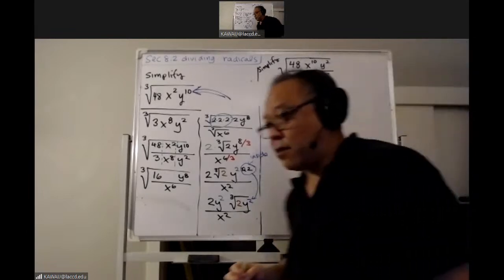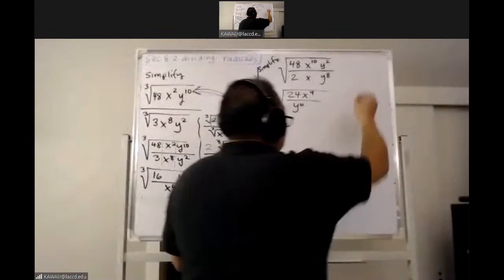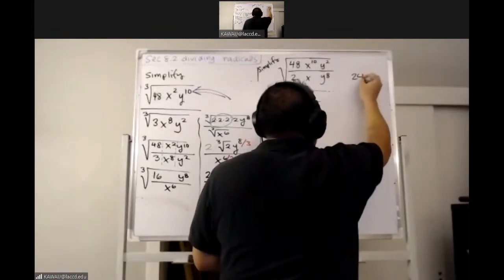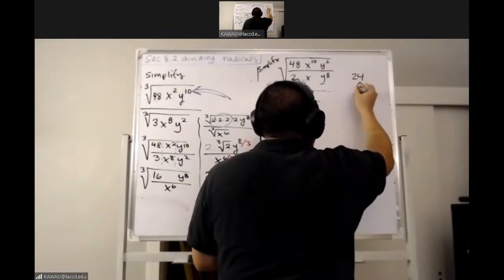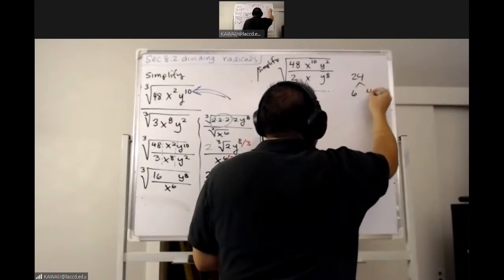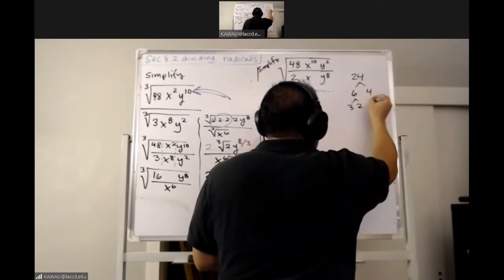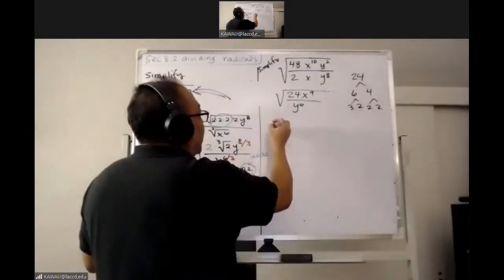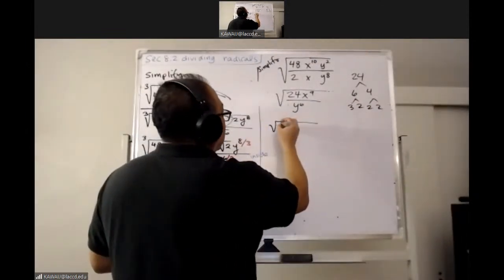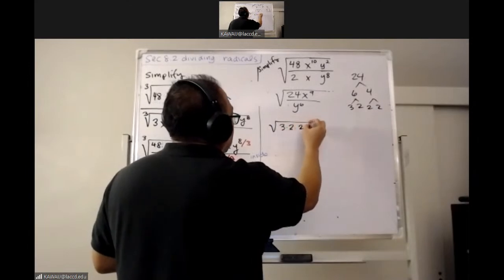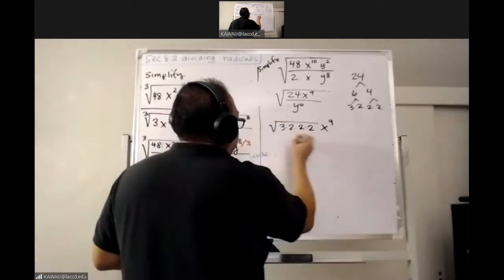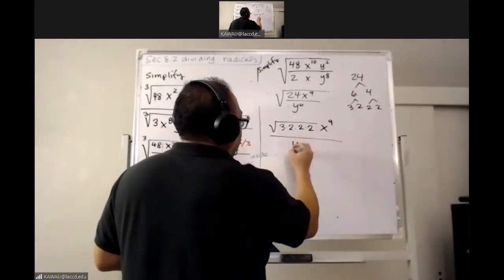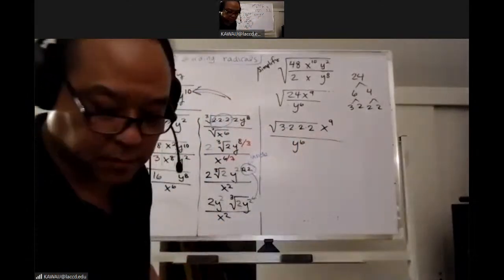Okay, so we go there, all right? And then for 24, it's equal to 6 times 4, 3, 2, 2, 2. So now I have 3, 2, 2, 2, x to the 9 divided by 2, and y to the 6 divided by 2.